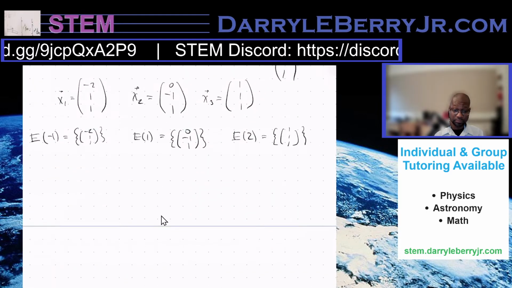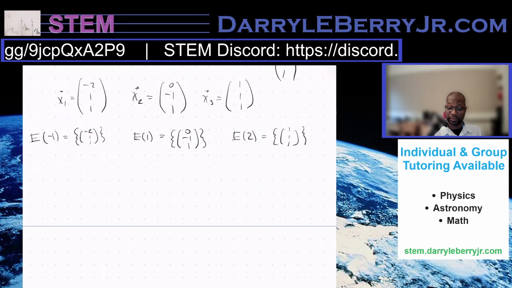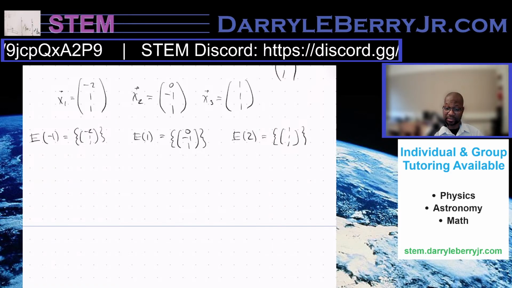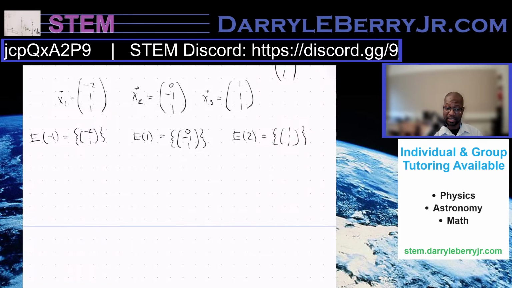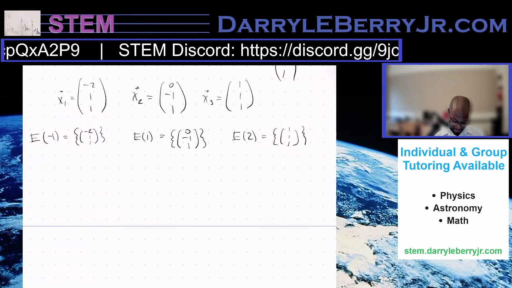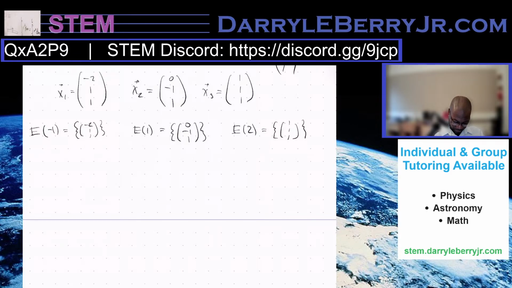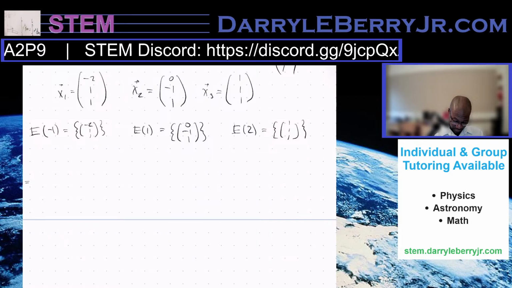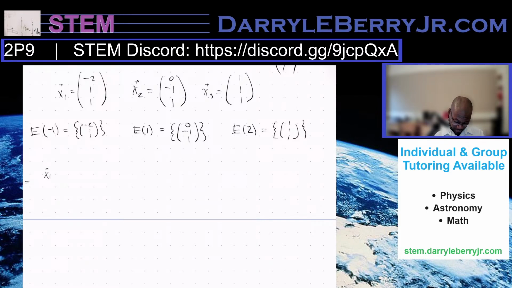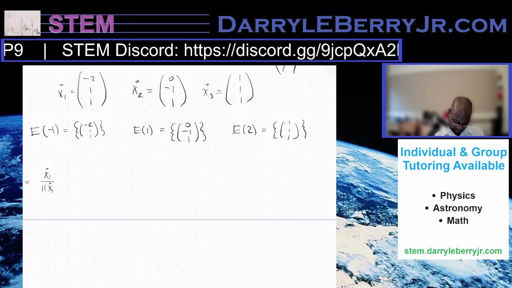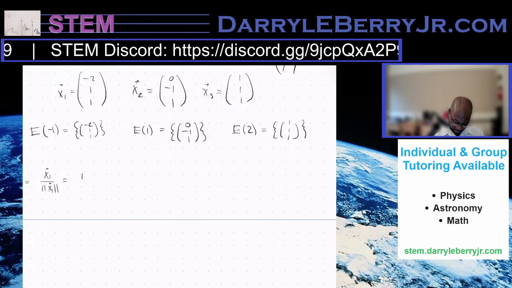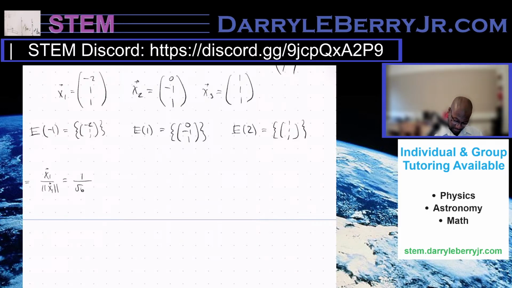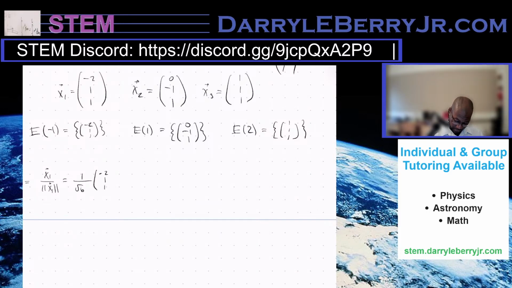So now what we're going to do is, these three vectors form an orthogonal basis in R3, so we can easily obtain an orthonormal basis by making them unit vectors. So Q1 will be x1 divided by the magnitude of x1, which equals 1 over the square root of 4 plus 1 plus 1, 1 over square root of 6, negative 2, 1, 1.